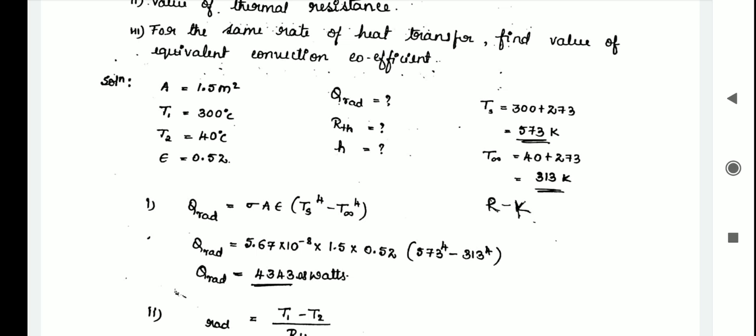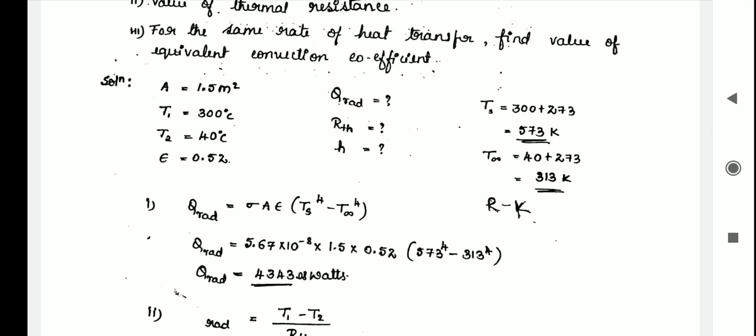According to the Stefan-Boltzmann law, Q radiation equals sigma into A into epsilon into (Ts raised to 4 minus T infinity raised to 4). Here we have to convert all the temperatures from degrees Celsius into Kelvin. So 300 plus 273, Ts becomes 573 Kelvin, and T infinity becomes 313 Kelvin.